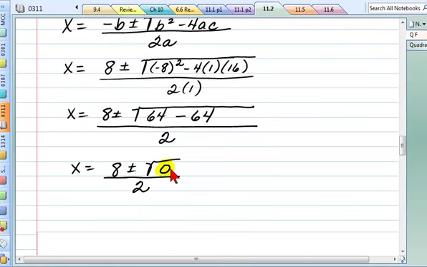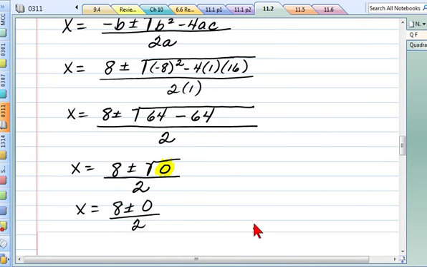I keep making kind of a big deal about the radicand when you're doing this formula because it already tells you what's going on. Well, 0 is a perfect square. The square root of 0 is 0. So this is x is equal to 8 plus or minus 0 over 2.